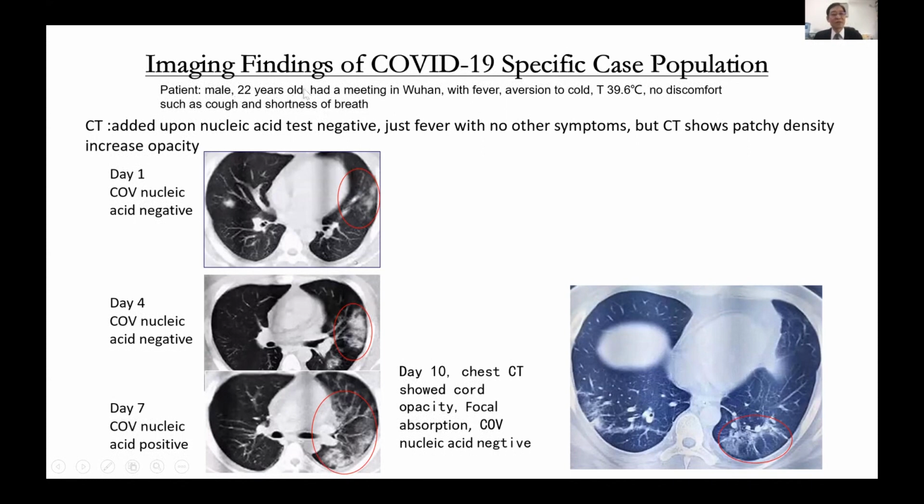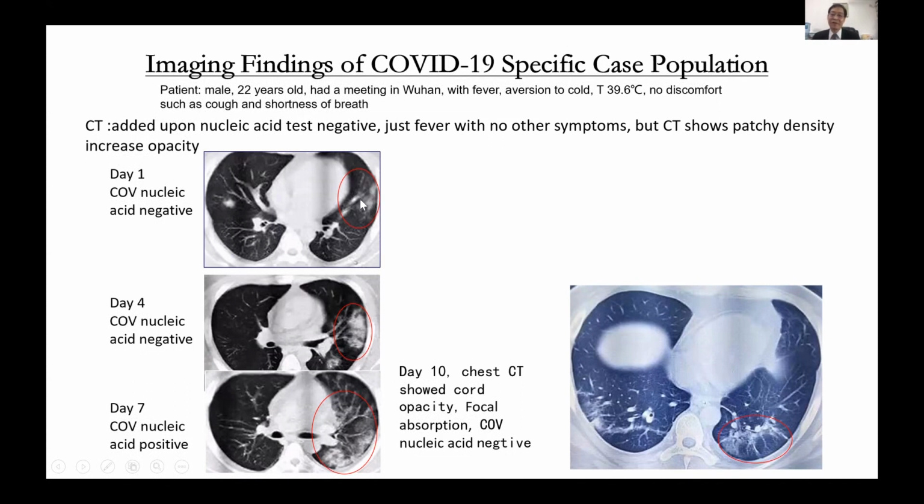This case, male, 20 years old, at a meeting in Wuhan, had fever and cold. Temperature 39.6 degrees. First day of admission, COVID nucleic acid negative, but CT manifestation shows opacity.